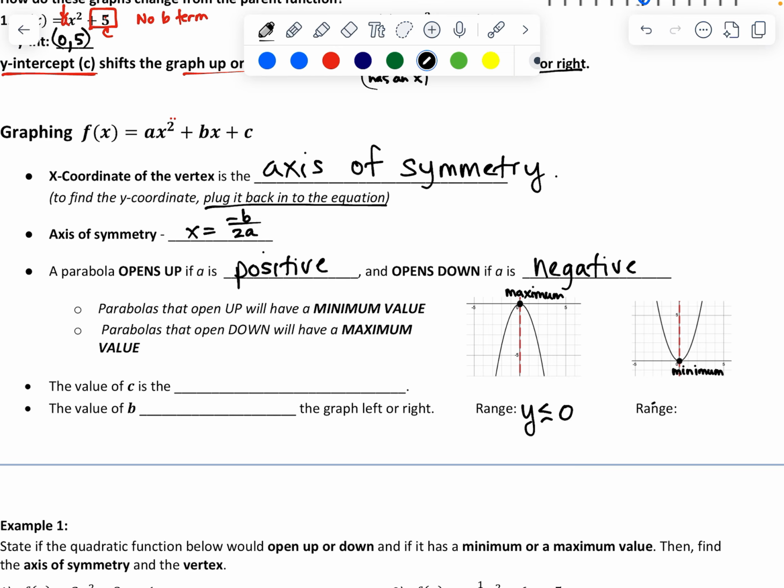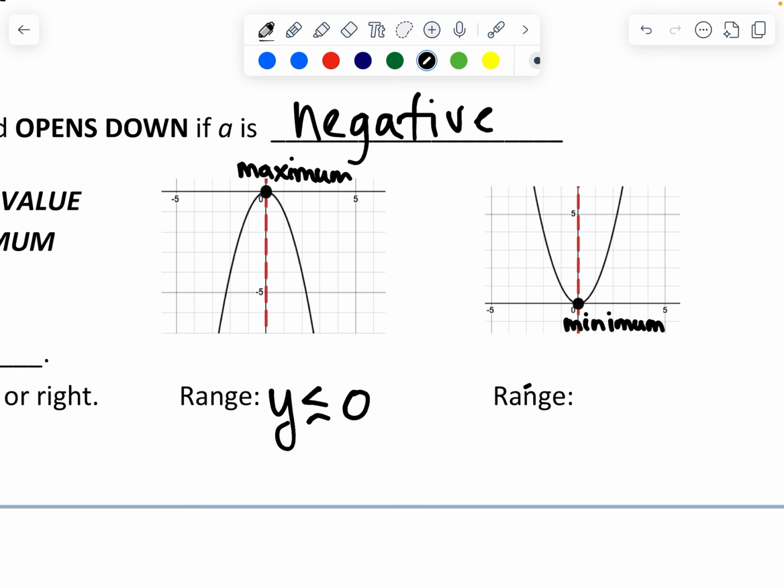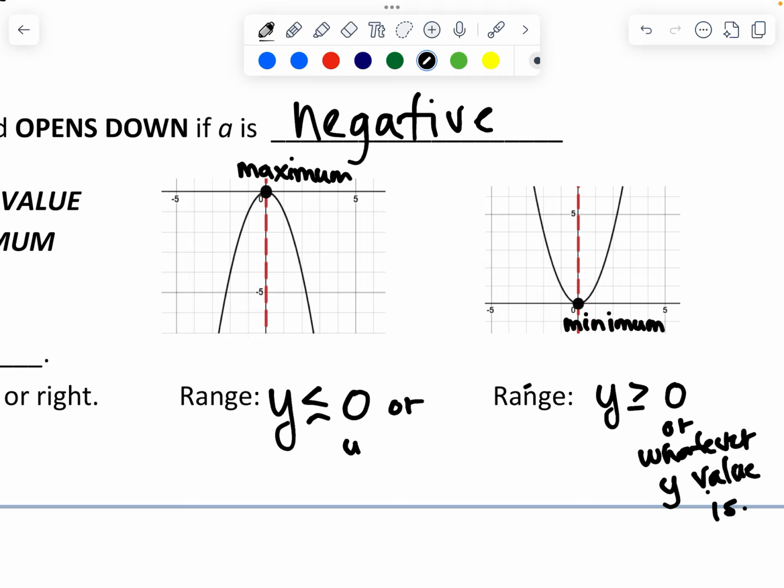It's not always 0, it's whatever the y value of the vertex is. And for a minimum, when it opens up, it's always going to be y is greater than or equal to 0, or whatever the y value is.